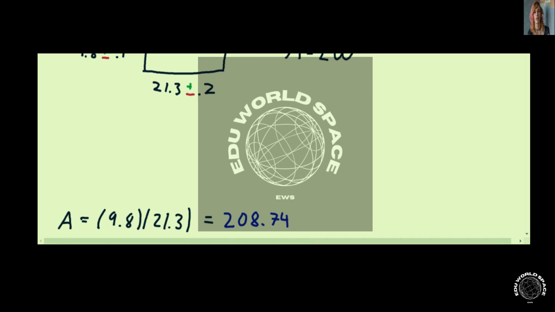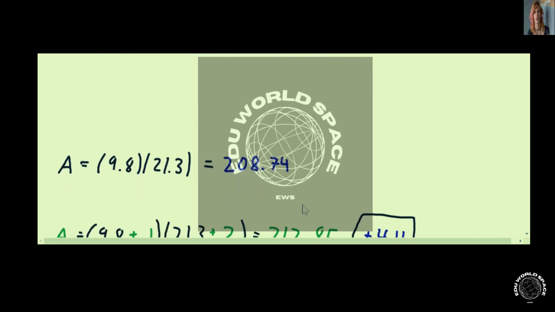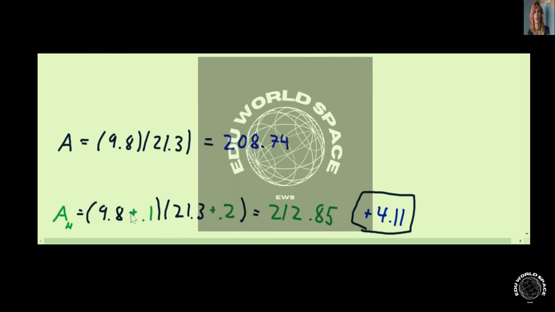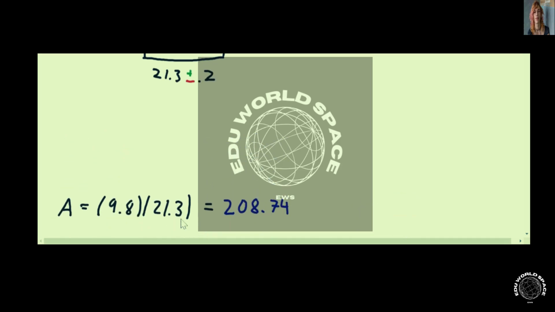Next we're going to calculate what I call the high area, the area including the addition of this uncertainty. So we add that 0.1 to the 9.8, and we add that 0.2 to that 21.3.